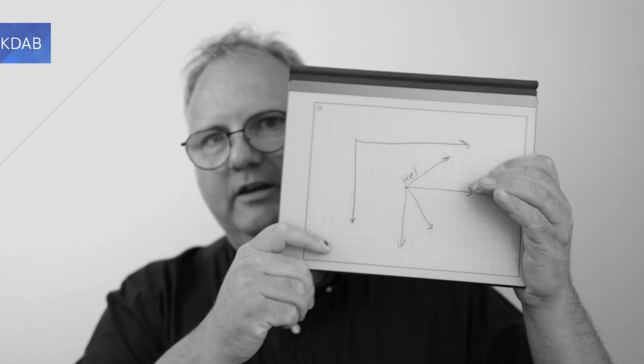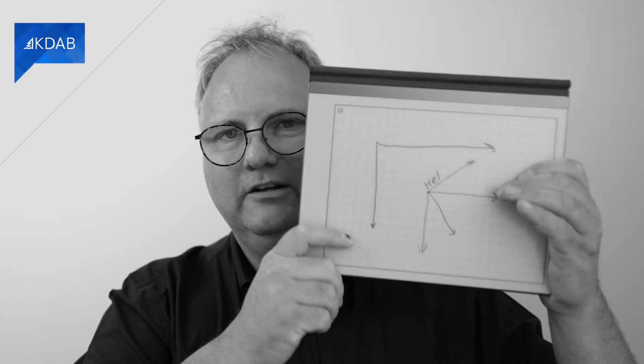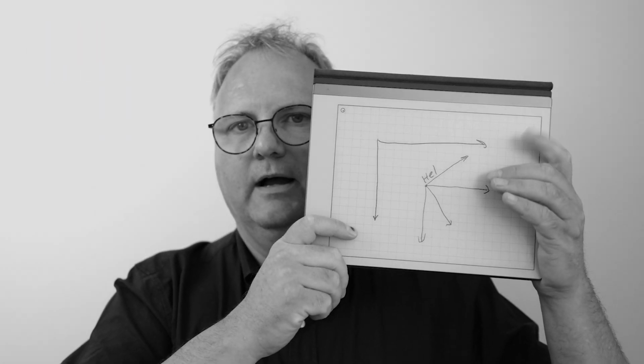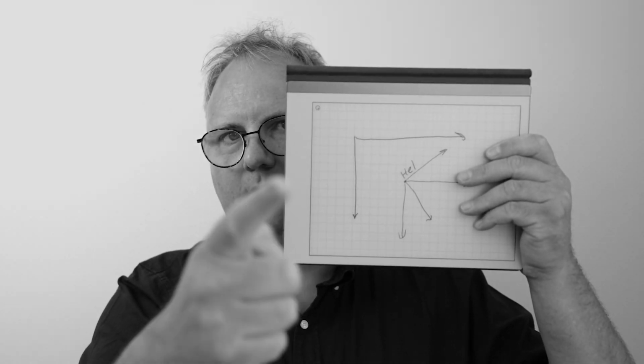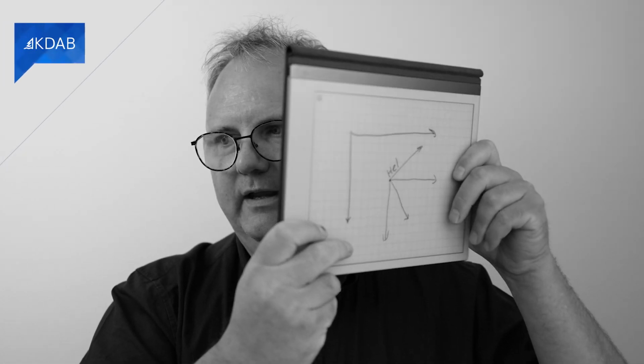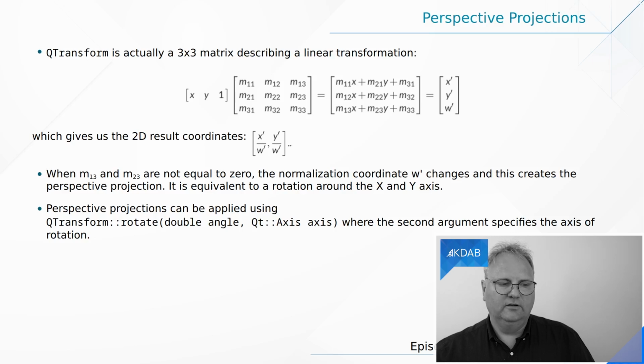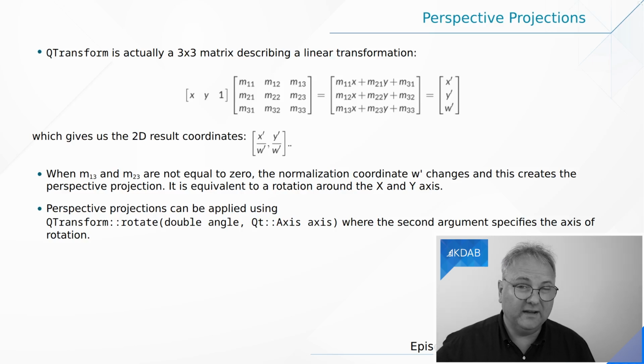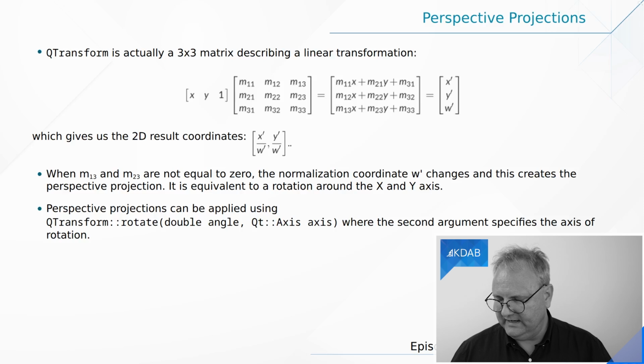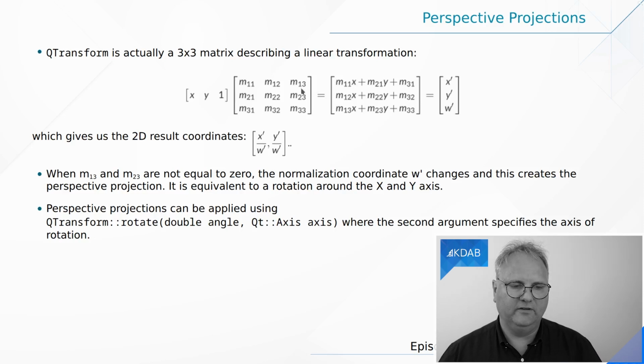But here is the operation that QTransform can do and QMatrix couldn't. This one here. You can see this area getting closer to you and this one getting further away, and you can see it can rotate all the way till it looks like this. And that is, as I said, perspective projection, which you can set up by specifying.